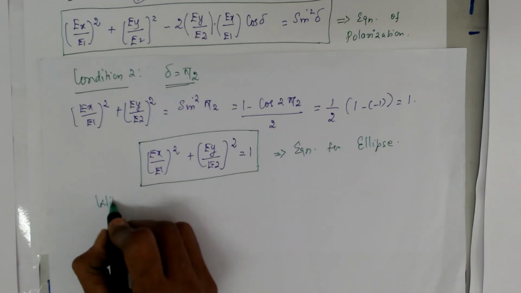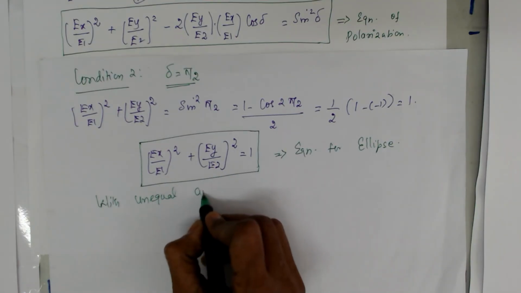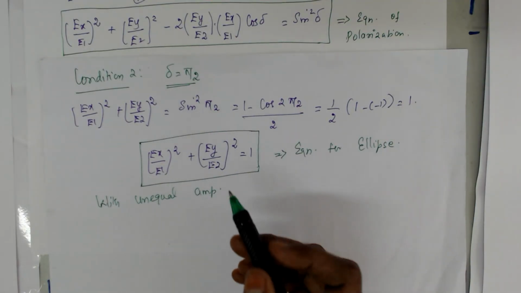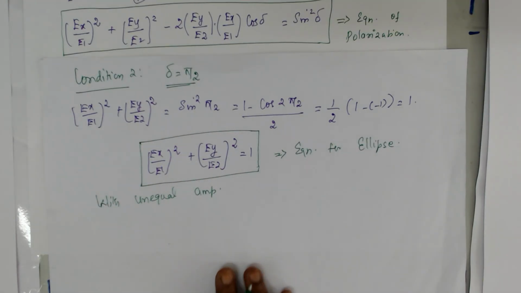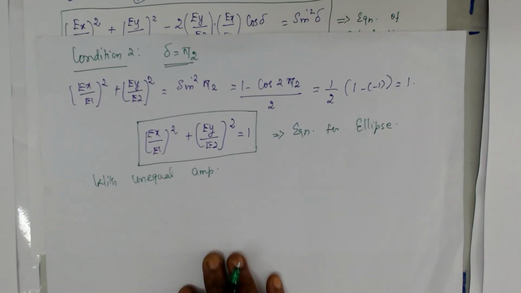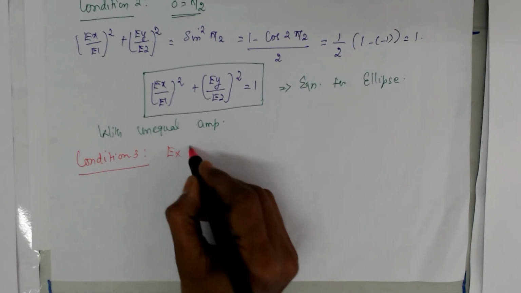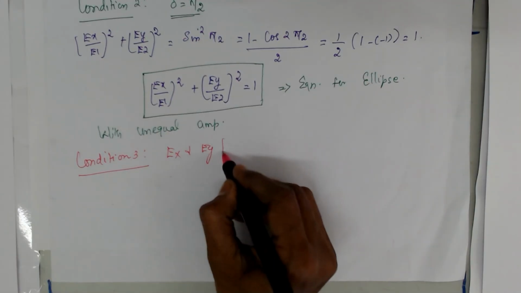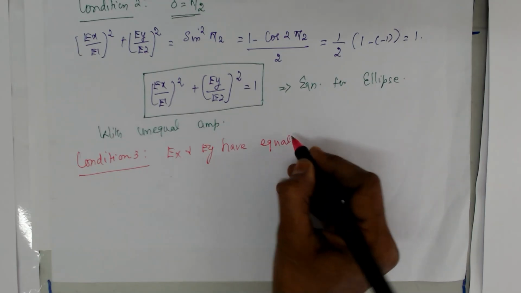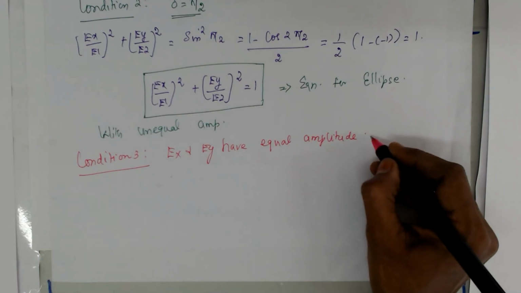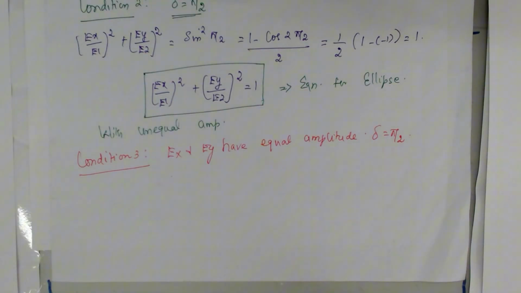So with unequal amplitudes, this kind of wave represents an elliptically polarized wave. And we will move on to condition 3, where Ex and Ey have equal amplitude and the phase difference delta is taken to be equal to pi by 2.